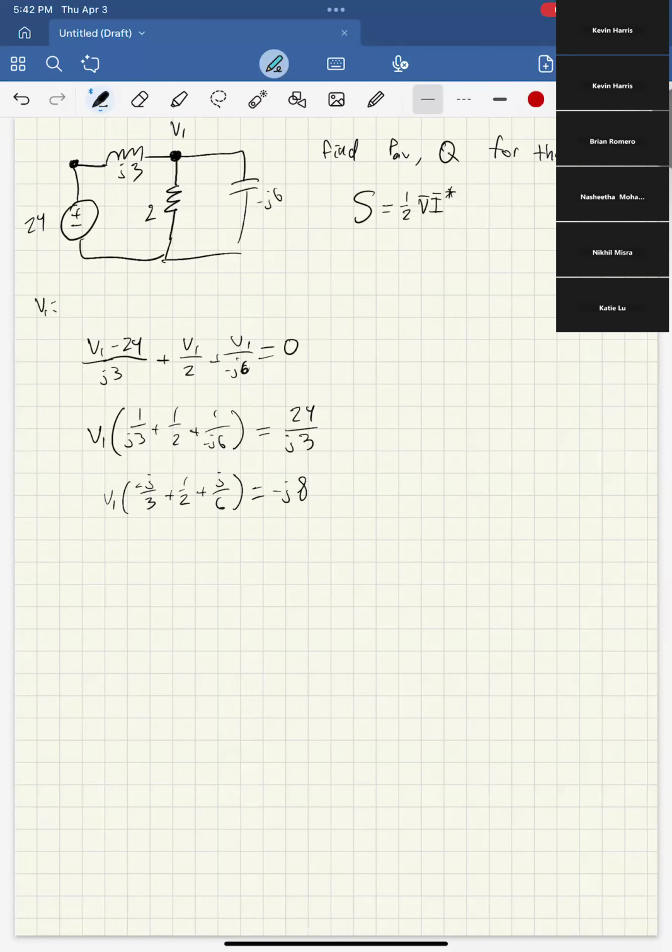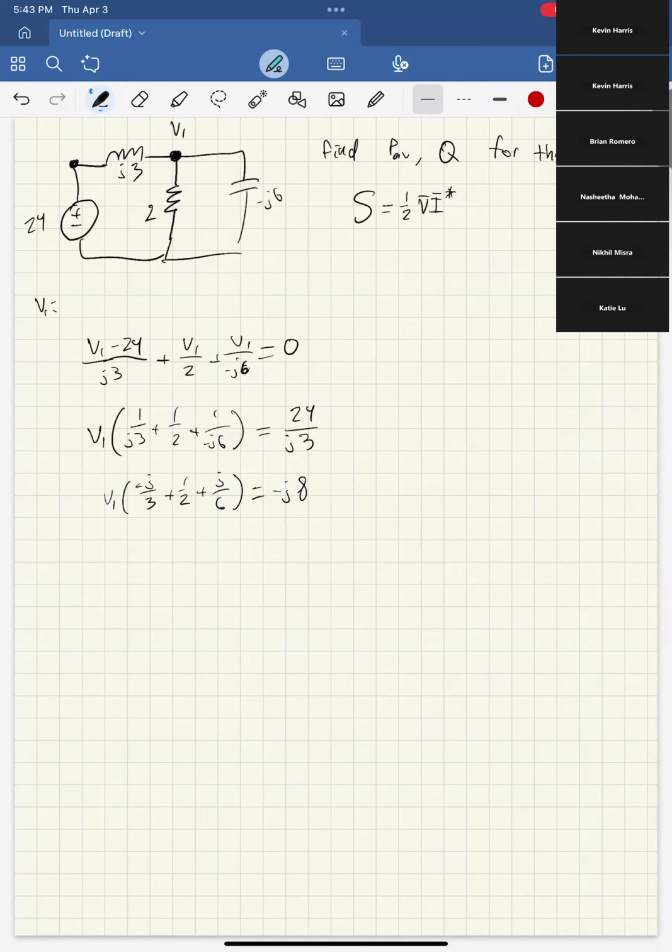Cool. So if we plug this all in, using the fraction button on my calculator to make everything nice: negative j8 divided by parenthesis negative j over 3 plus 1 over 2 plus 1 over negative j over 6.